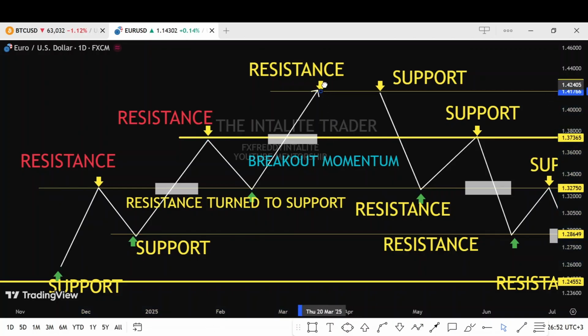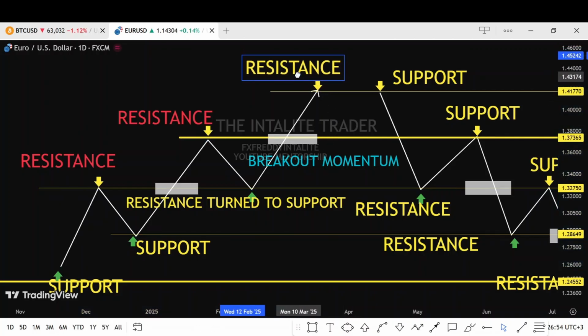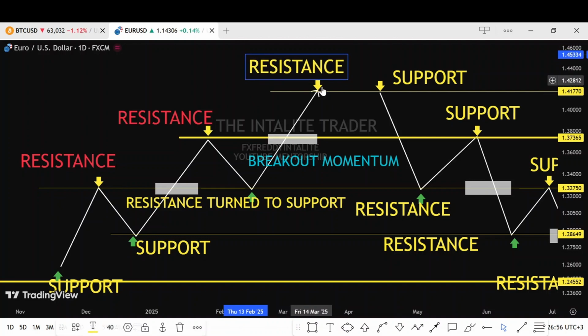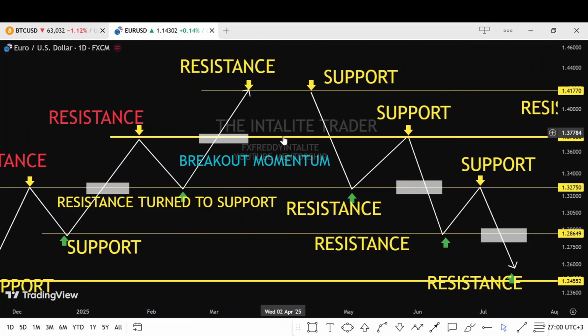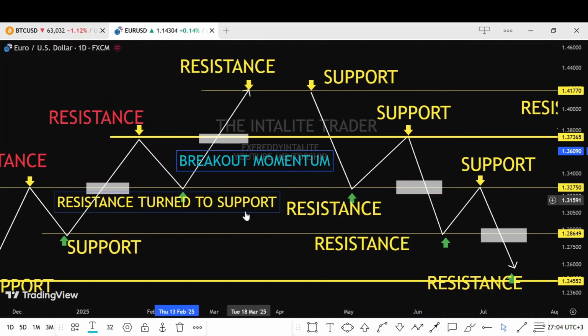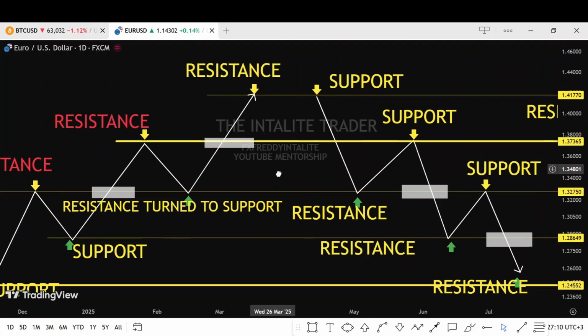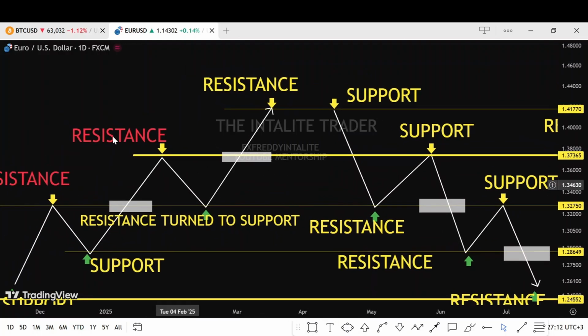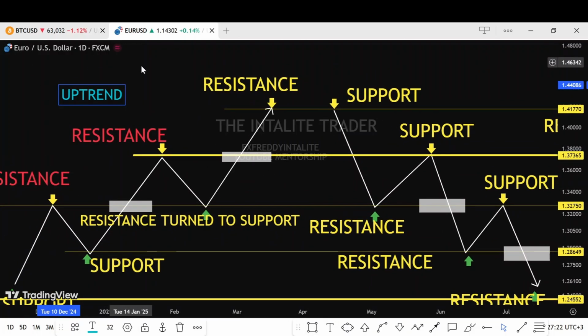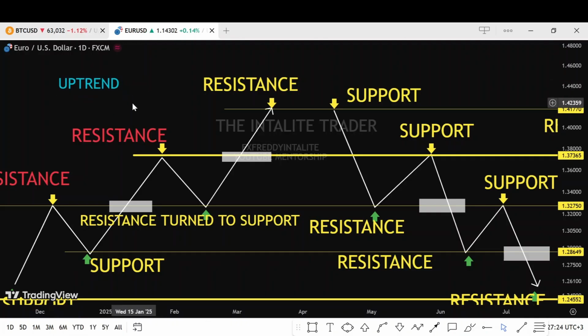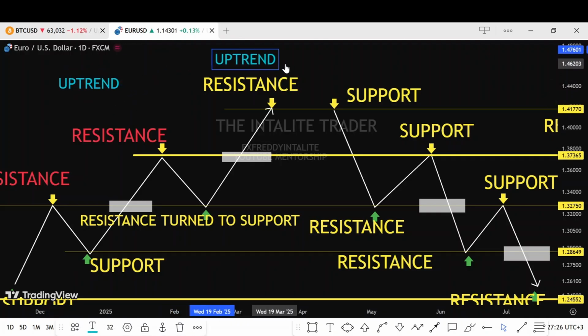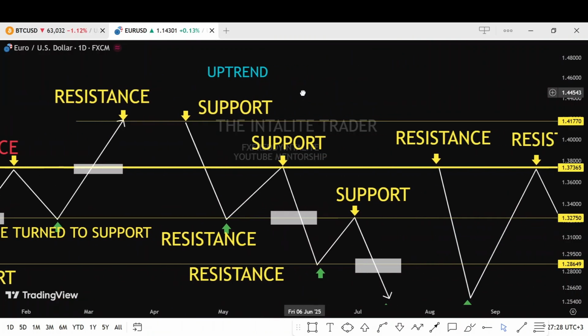Then it comes and encounters resistance here. Now let's say this is resistance, and the same thing that happened here also occurs in a downtrend. If this is uptrend, the same thing is going to occur in a downtrend.